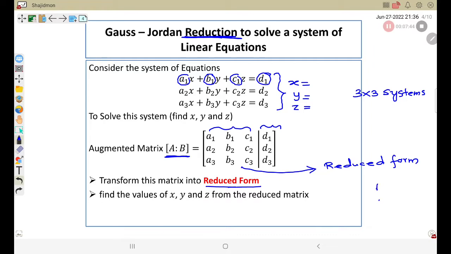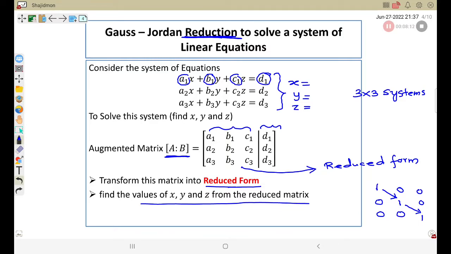First number 1, below it 0, then the next diagonal number 1, above it 0, below it 0, and the next diagonal number 1, with zeros above it. This is the meaning of reduced form. After changing the matrix into reduced form, find the values of x, y, z from the reduced matrix. That way we get the solution of the linear system of equations by the Gauss-Jordan reduction method. So this is the procedure.